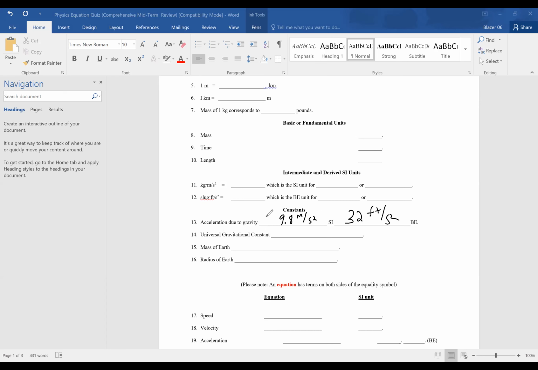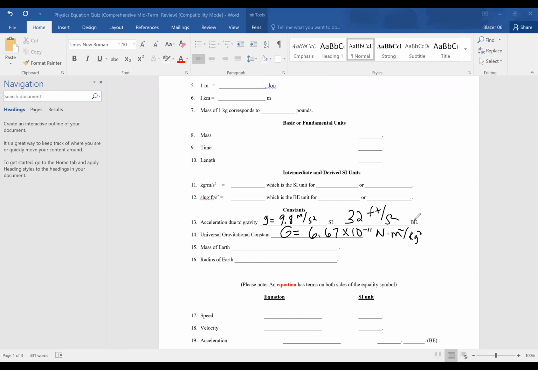So here we call this little g. We're going to call this big G. And we said that is 6.67 times 10 to the minus 11. The units are Newton meter square per kilogram square.